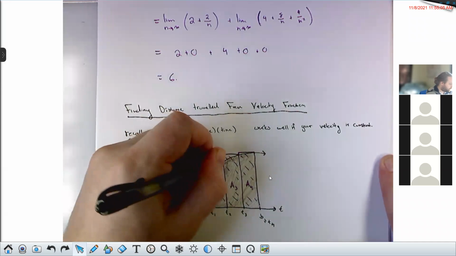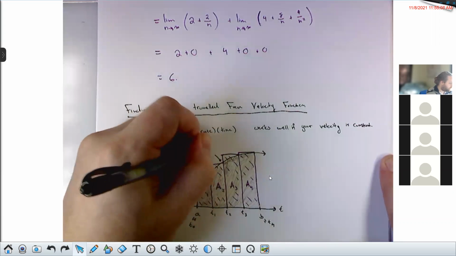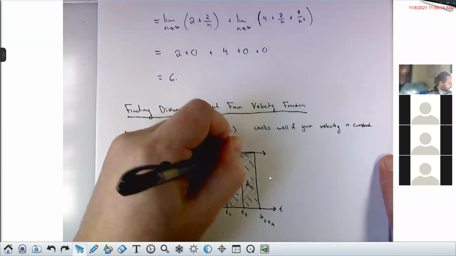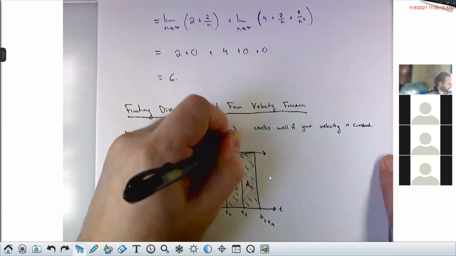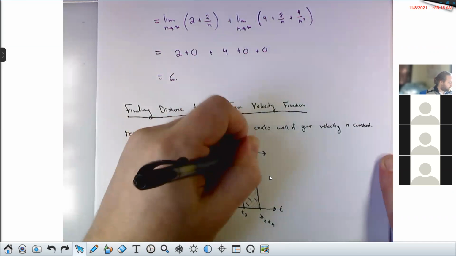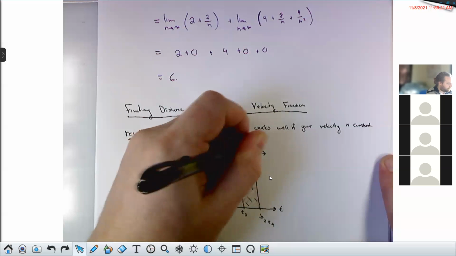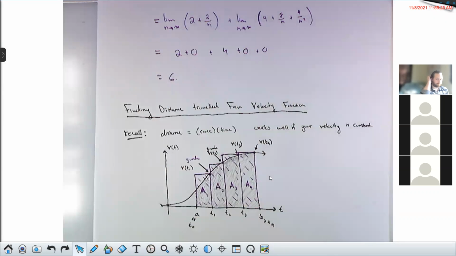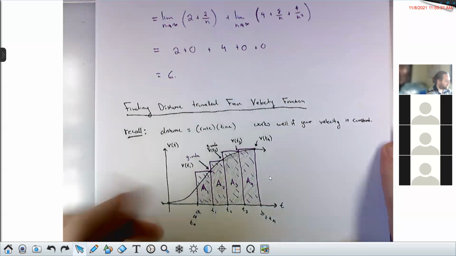The y value here is v of t2. This y value would be v of t3. And this y value would be v of t4, right? And each of these widths would be delta t, of course.